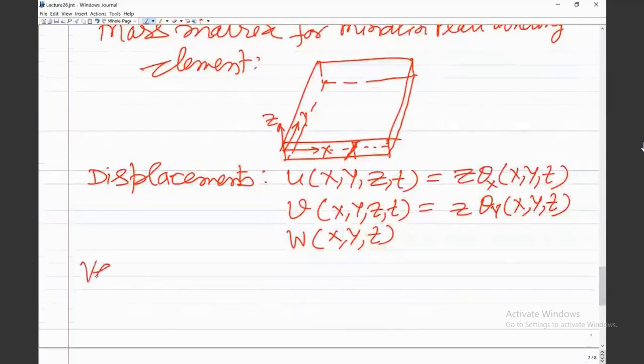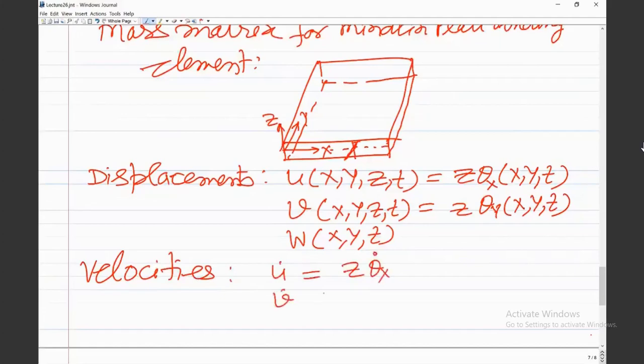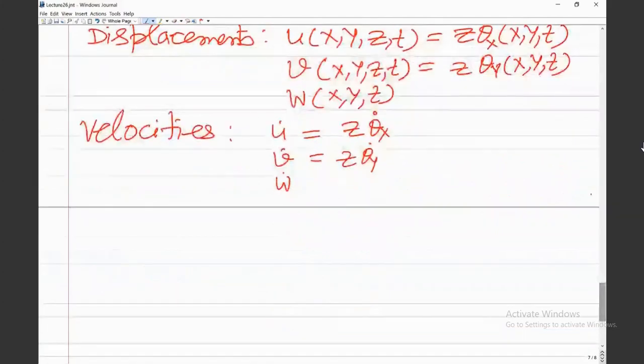Now, same way, if you look at the velocities, so we differentiate the displacements. So we get u dot is equal to z into theta x dot, and v dot is equal to z into theta y dot, and w dot. So these are the three velocity components. And again, you write the kinetic energy.